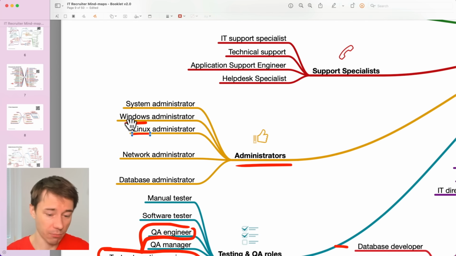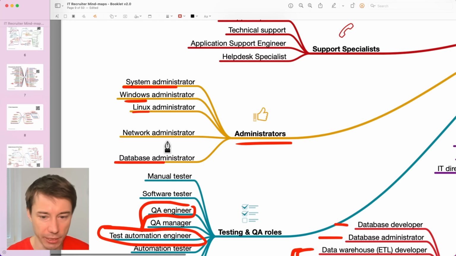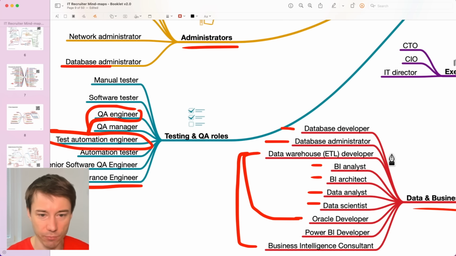Some administrators don't want to specialize, they can do both Windows and Linux, so we can refer to them as system administrators. So it really depends who the hiring manager is looking for. Some administrators only focus on databases. I was already showing you this professional here.